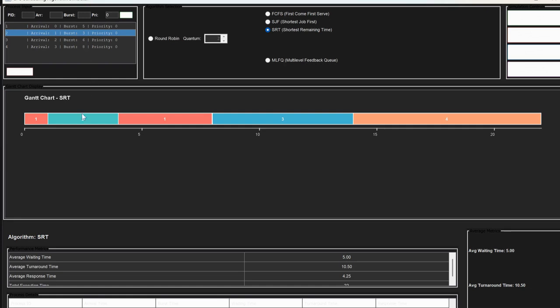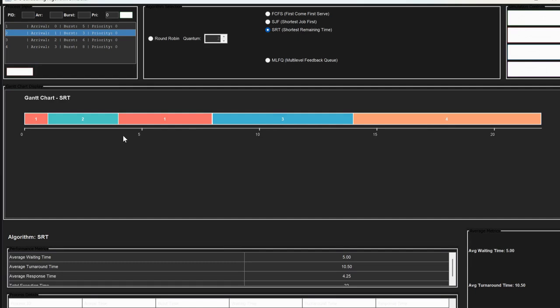This is preemption. From time 1 to 4, P2 runs until completion, and at time 4 it chooses the shortest remaining.